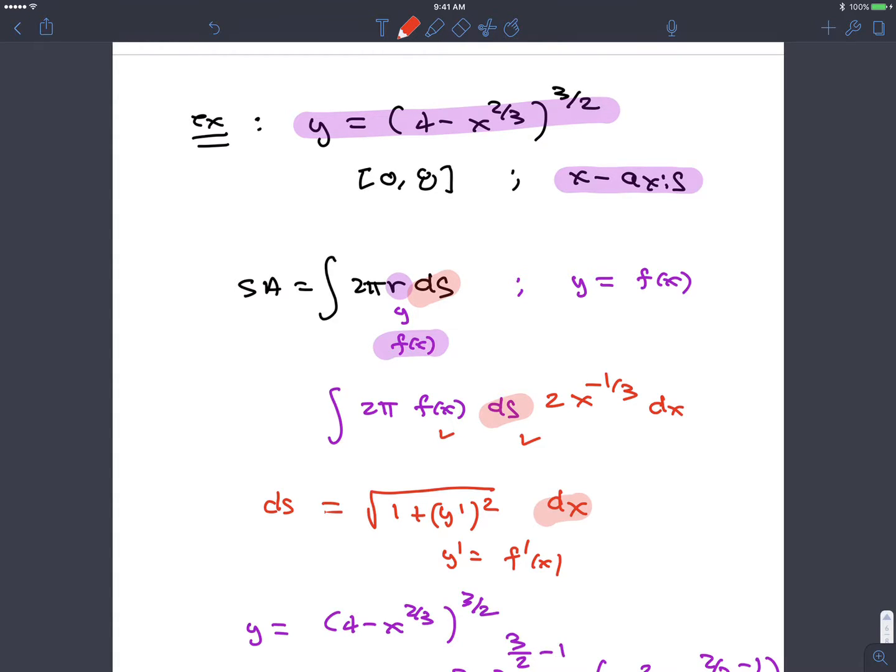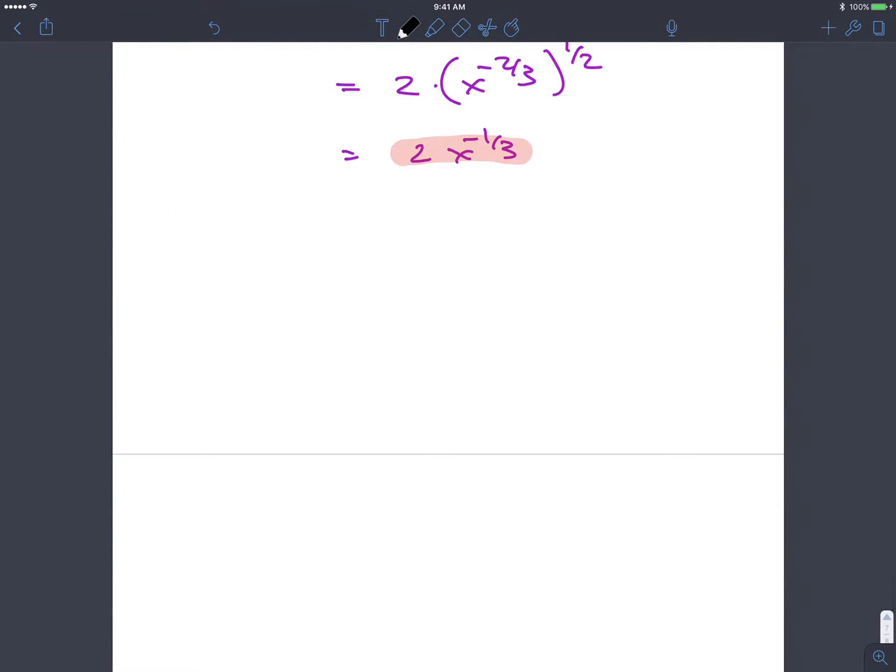Okay, so let's put this all together here. This here is my f of x, or my y. So it's 4 minus x to the 2/3 in parentheses raised to the 3/2 power. So we're going to have to integrate.